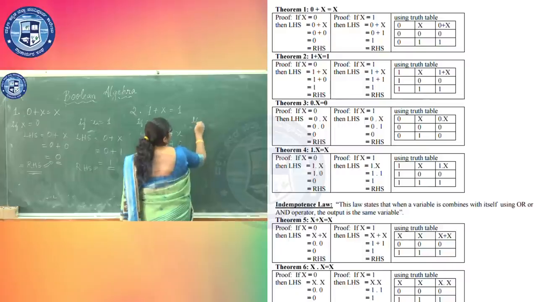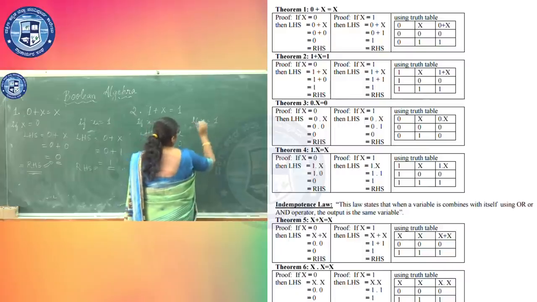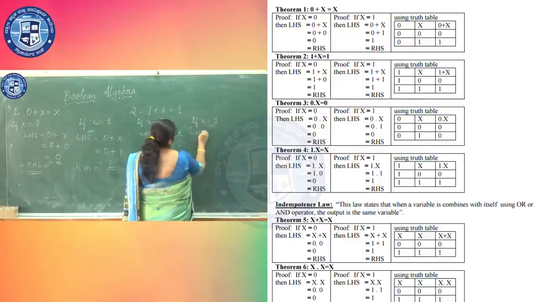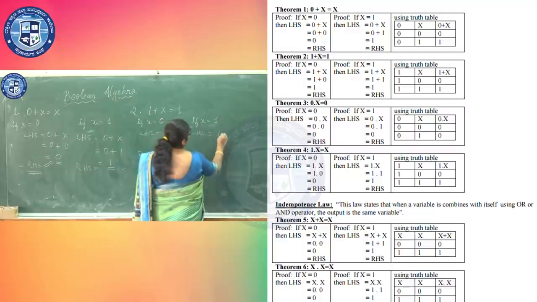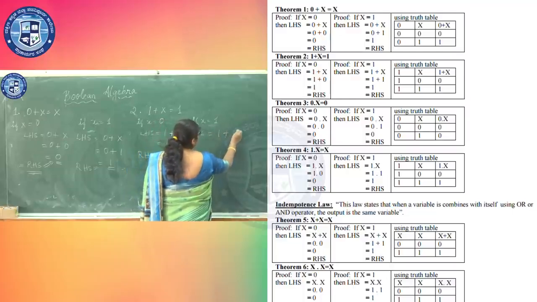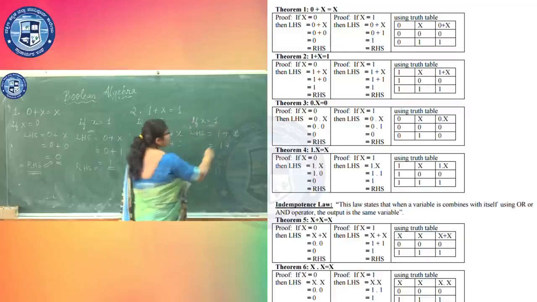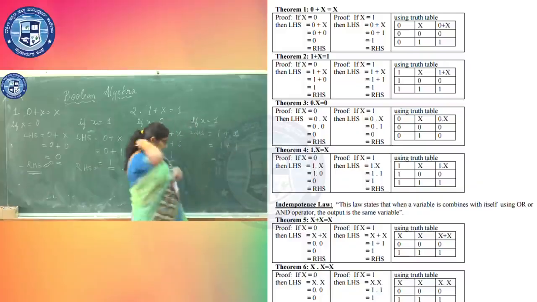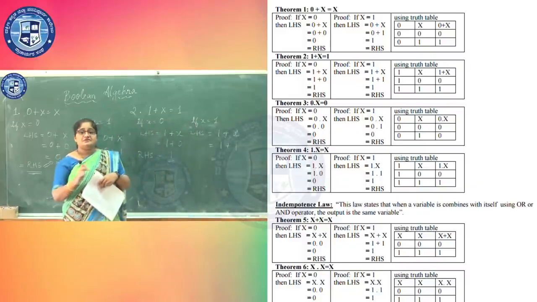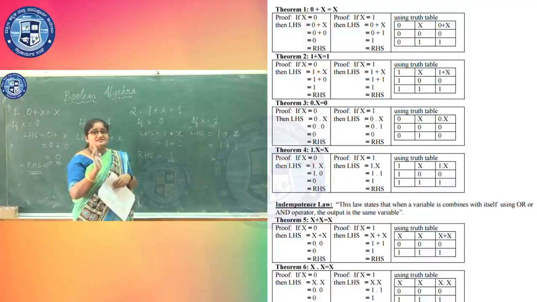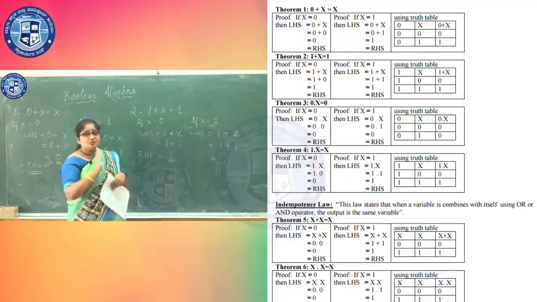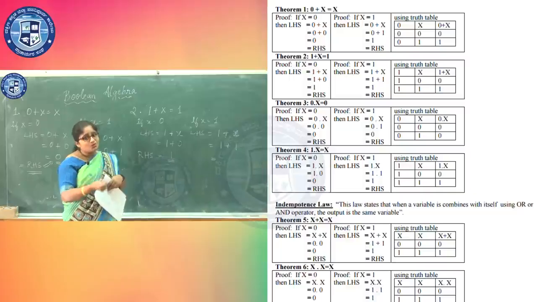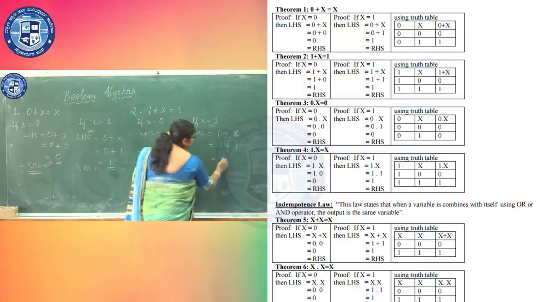Next, if x equal to 1, 1 plus x, what is the value of x? 1. 1 plus 1. See, 1 plus 1 you cannot write as 2 because it is the binary number system. 1 plus 1 means 1 or 1, and 1 or 1 is 1.